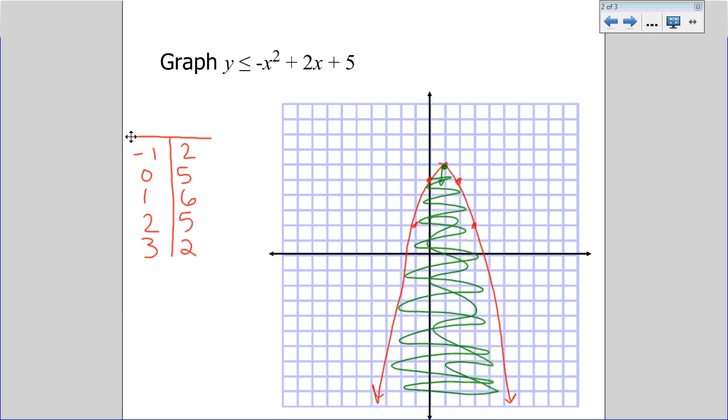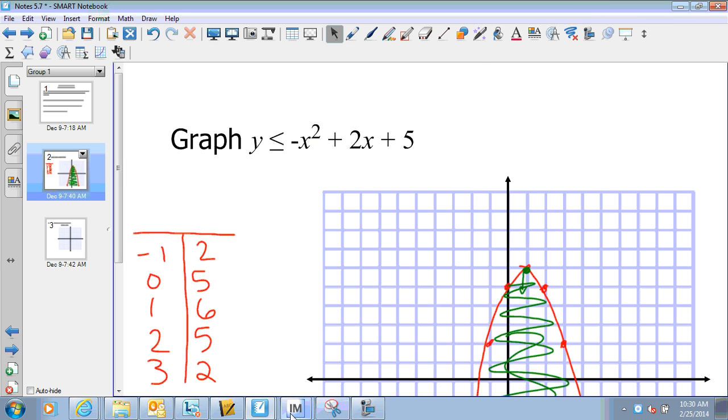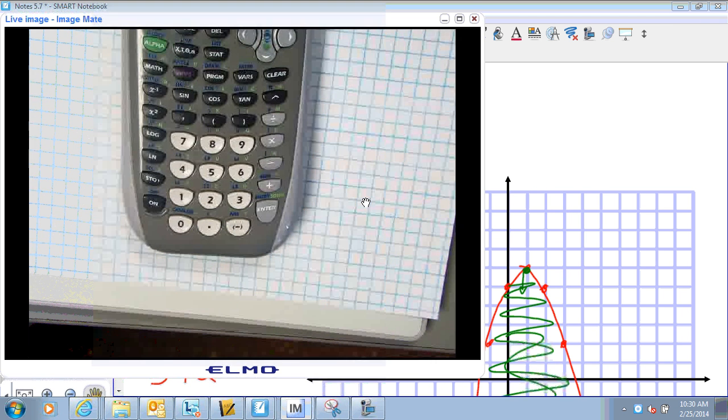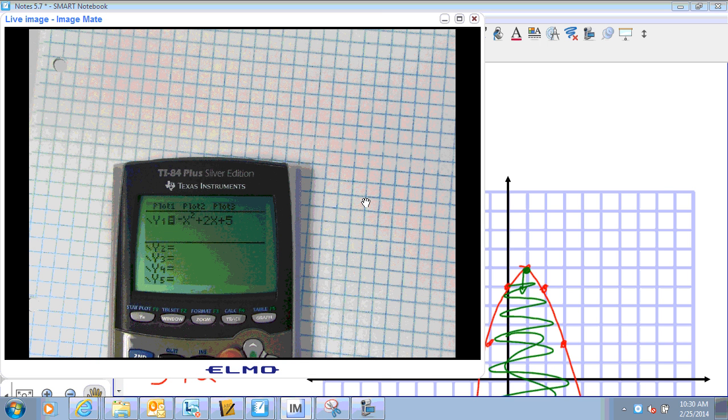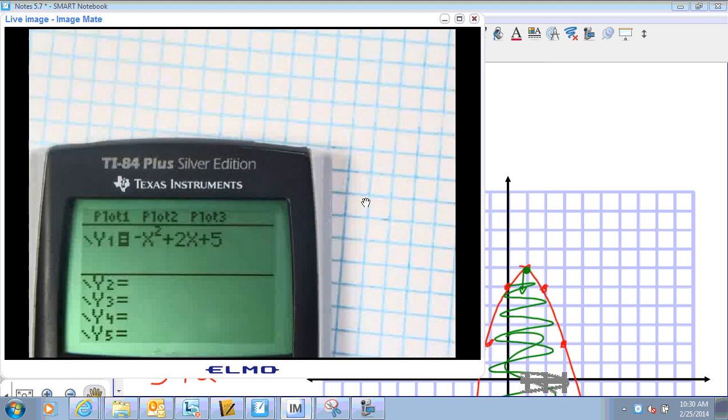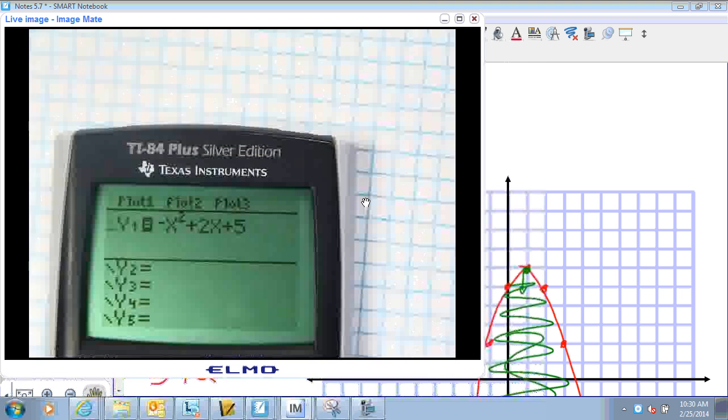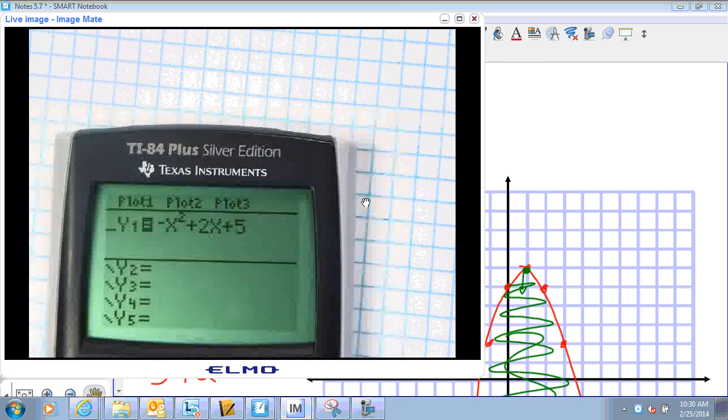The other option that you can do, ladies and gentlemen, is on your calculator, you can force it to do a less than or a greater than. So if I go over to the side here, I make this cursor on the far left-hand side flashing, I can hit enter and it gives you a thick line.